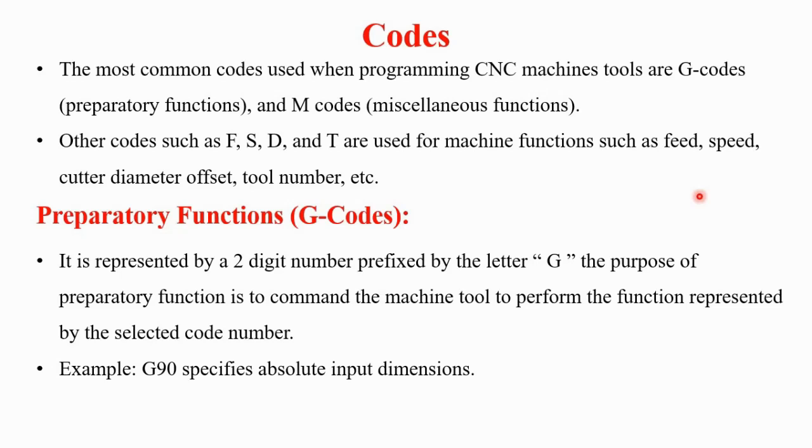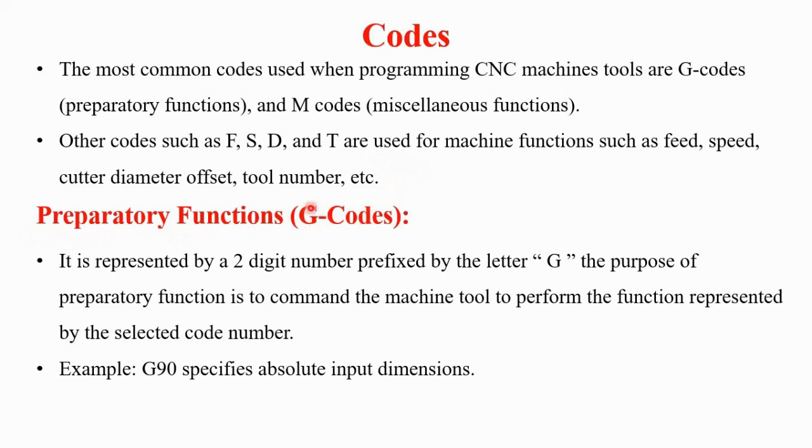Some other codes are also used, for example F, S, D and T, which represent feed, then spindle speed, S stands for spindle speed, D stands for cutter diameter offset, and T stands for tool number, etc. These are a few other codes also used in CNC programs. So we will discuss a few of them here.